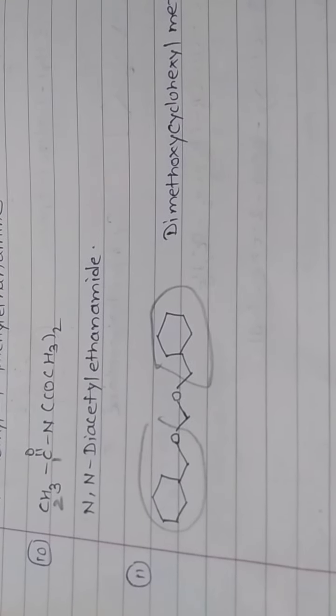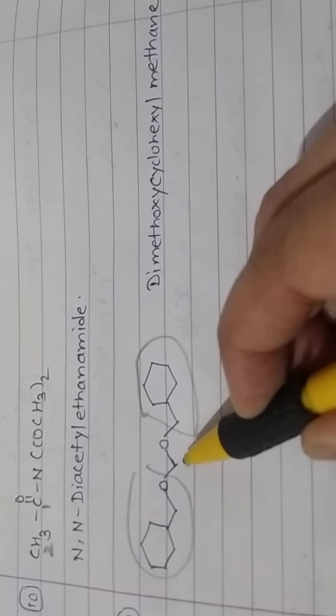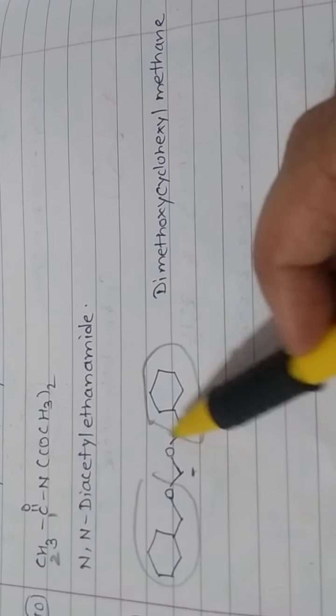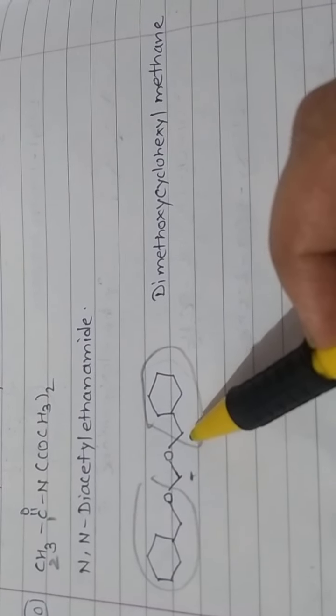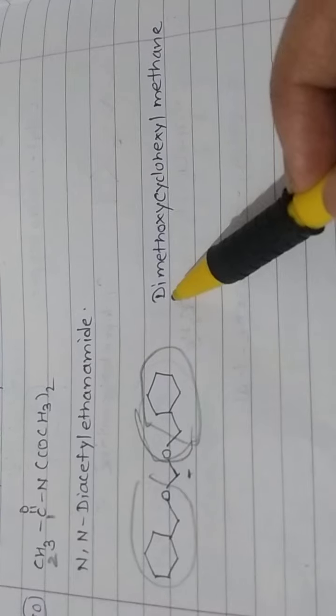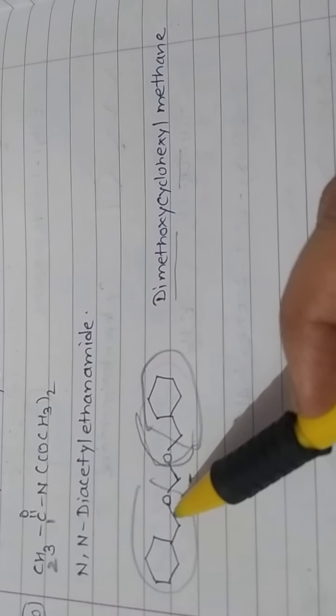And the last example is this. So again this middle carbon is 1 carbon, so methane, and these 2 groups are dimethoxycyclohexyl.